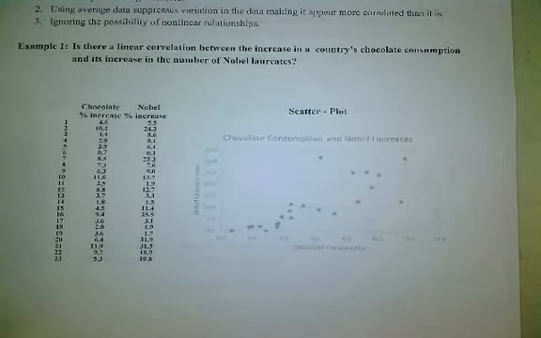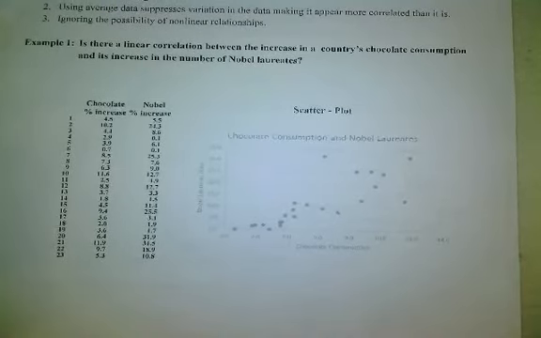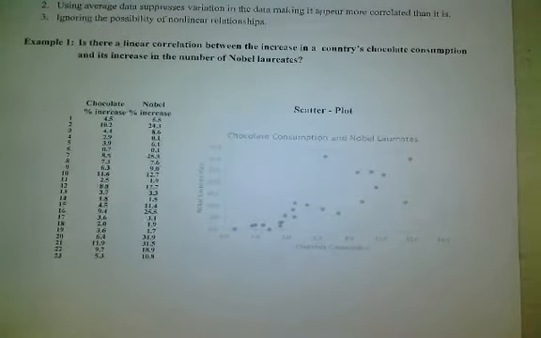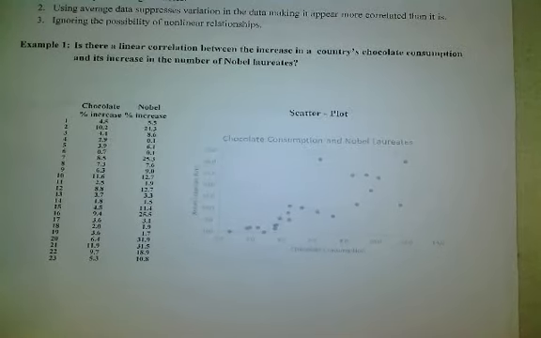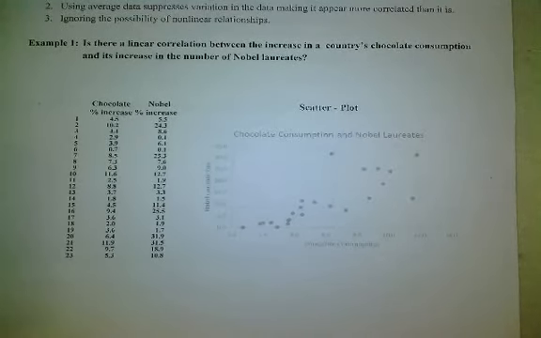Going up, positive correlation 0.8. It's not quite 1, but it definitely is approximately a linear correlation between the X and Y values, and therefore would suggest that there is a relationship between the percent increase in the consumption of chocolate and the percent increase in the number of Nobel laureates that a country has.